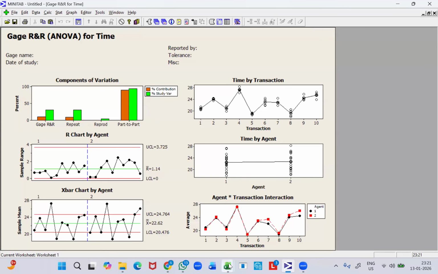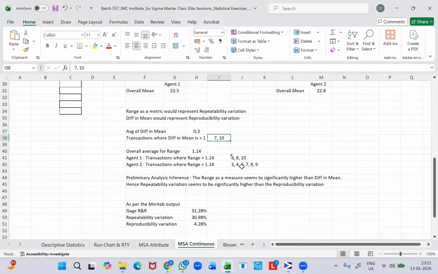And that is what is proving out to be. Agent 2 has range values in excess of the average of 1.14 for 6 transactions. In fact, out of these 6 transactions, for 3 transactions we have the range values in excess of 2. So agent number 2 has contributed to this repeatability variation significantly compared to agent number 1.